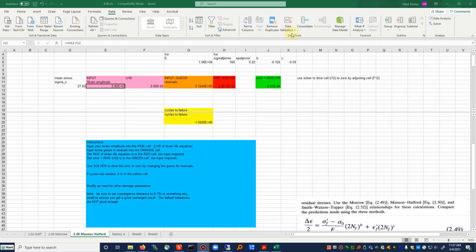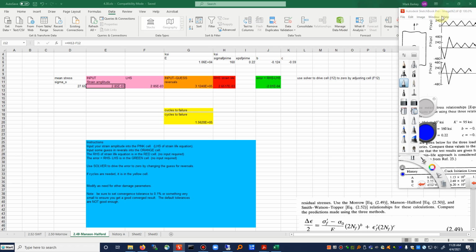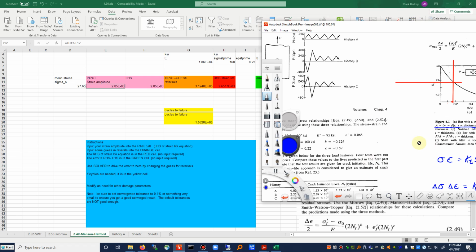Now, let's make sure I have everything right in here. And let's bring up my sketch pad. And I want to check the material properties that I'm putting in.